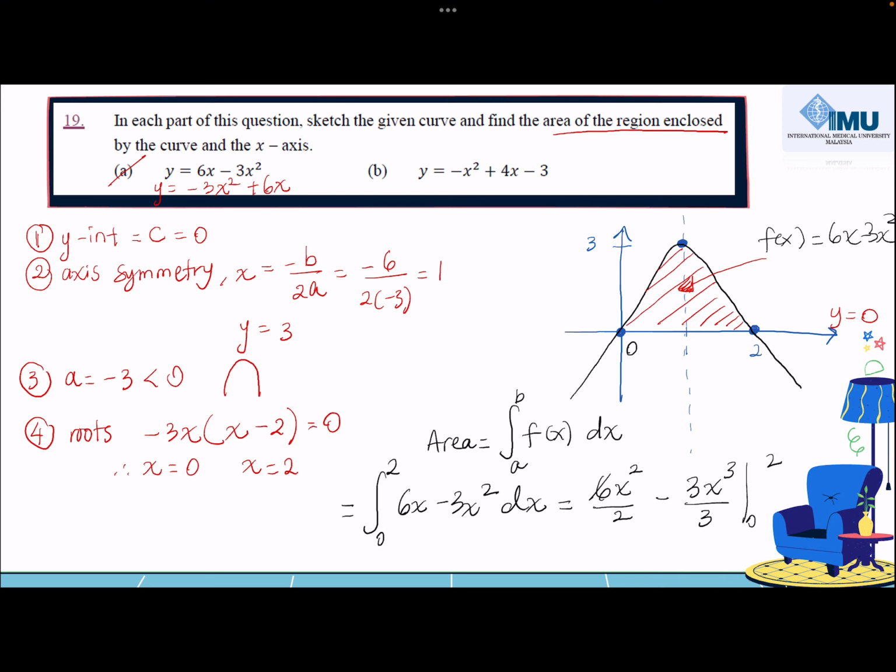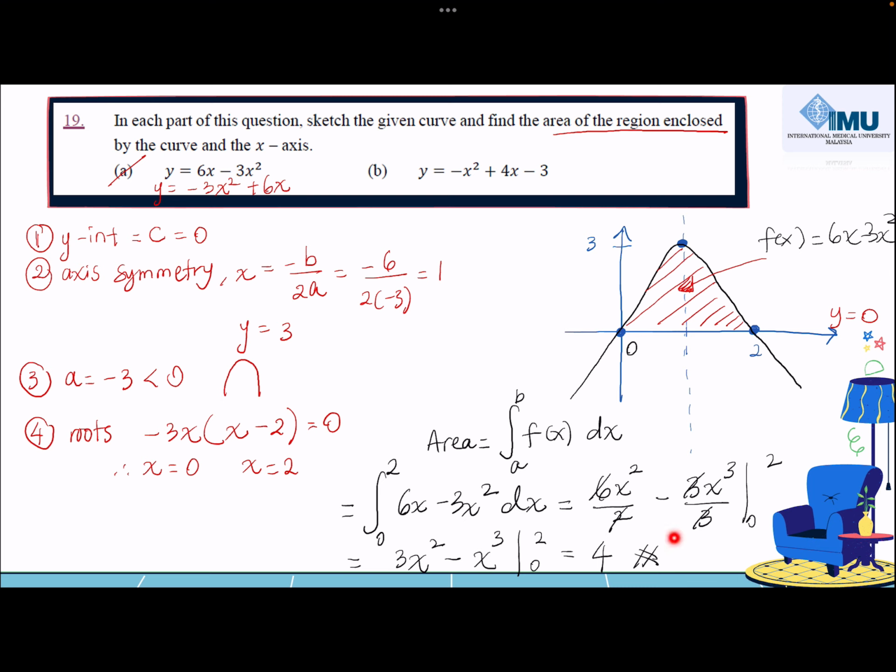Now before that, simplify. 6 divided by 2 is simply 3. Meanwhile, 3 divided by 3 is 1. So your simplified expression will be 3x squared minus x cubed from 0 to 2. Evaluate accordingly, you will get the answer as 4.